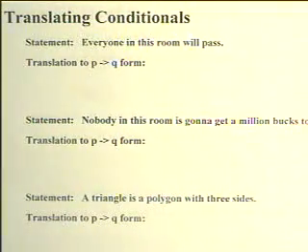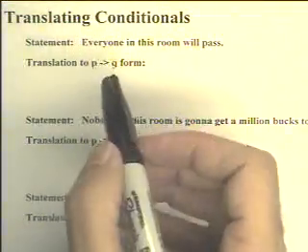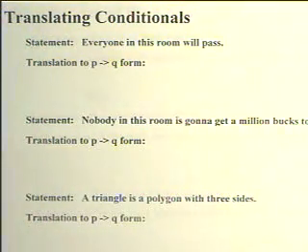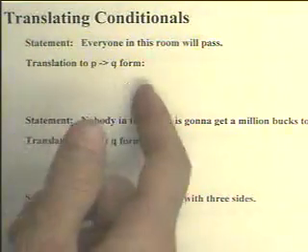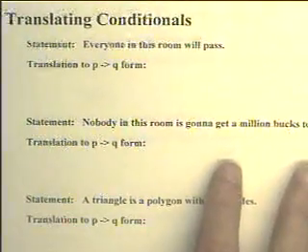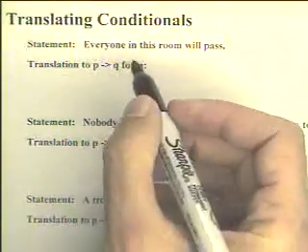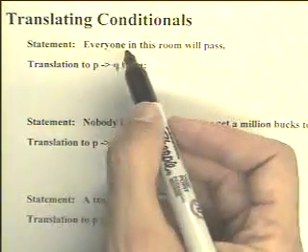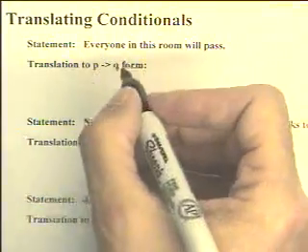Conditionals can be translated. Let's take the statement, everyone in this room will pass. How do we translate this to if P then Q form? Well, you would probably agree that if you're in this room, then you'll pass, because it says everyone in this room will pass.